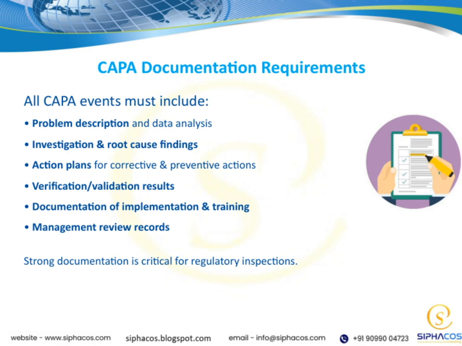Finally, management review records should be included to demonstrate oversight and continuous improvement. Remember, strong documentation isn't just a best practice, it's critical during regulatory inspections. Well-maintained records demonstrate our commitment to quality and compliance, and they can make a significant difference during audits. So, thorough, accurate documentation is truly the backbone of an effective CAPA process.